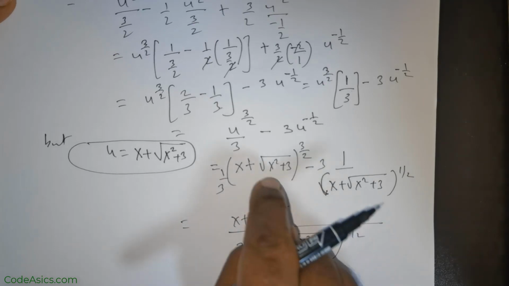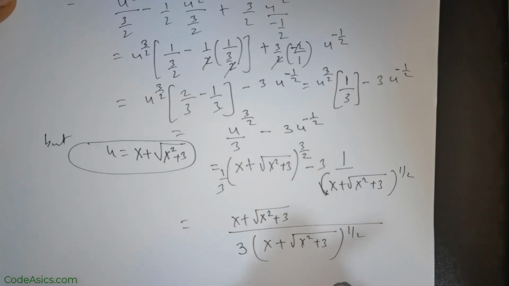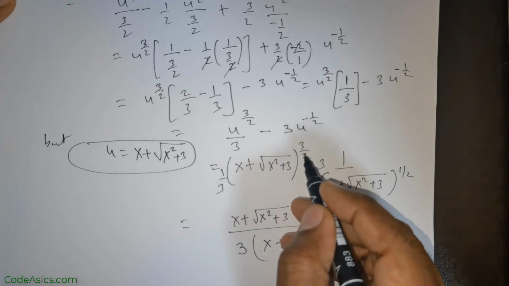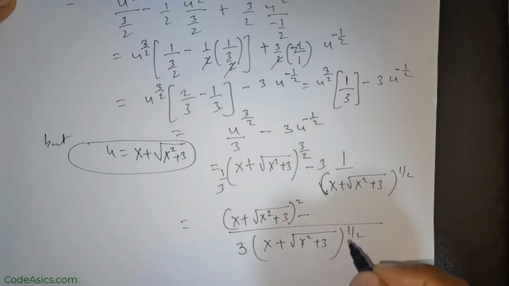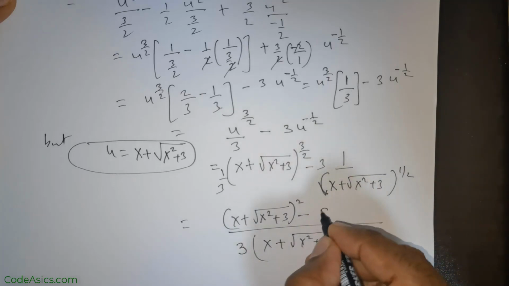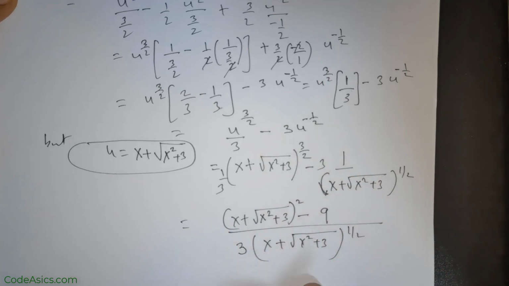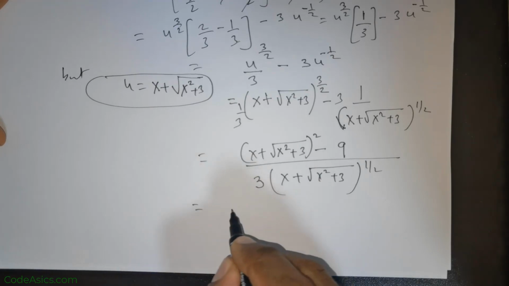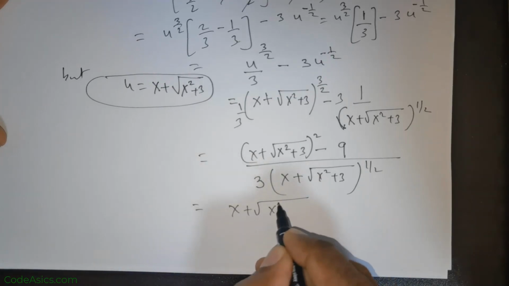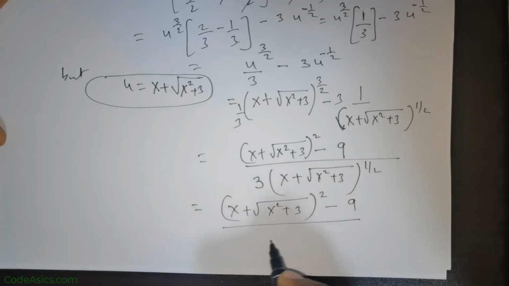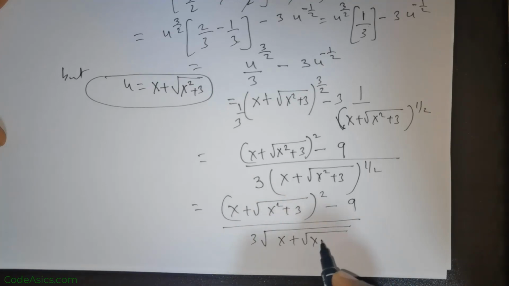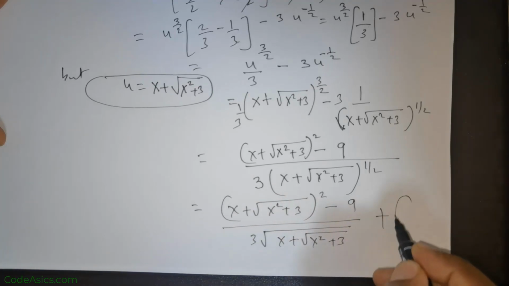So this and this, they get multiplied, and when you multiply that, you get 3 over 2 plus 1 over 2. That's going to be a square there, right, minus, and that's going to be 9 there. So this can be further rewritten as x plus root of x squared plus 3 raised to the power of 2, minus 9, divided by 3 times root of x plus root of x squared plus 3, plus an arbitrary constant.